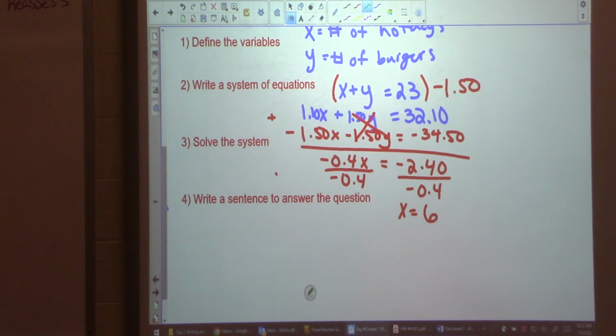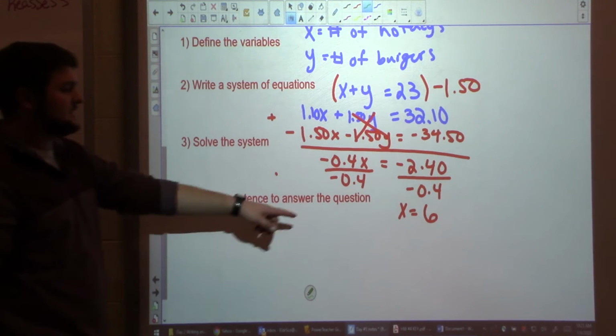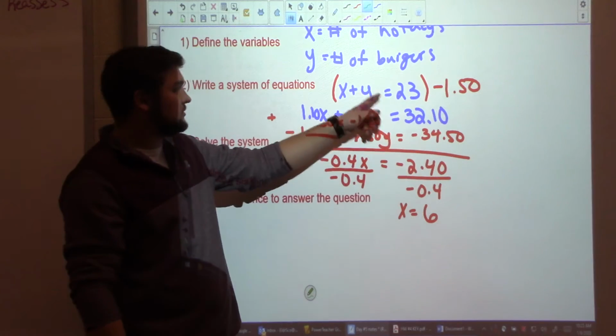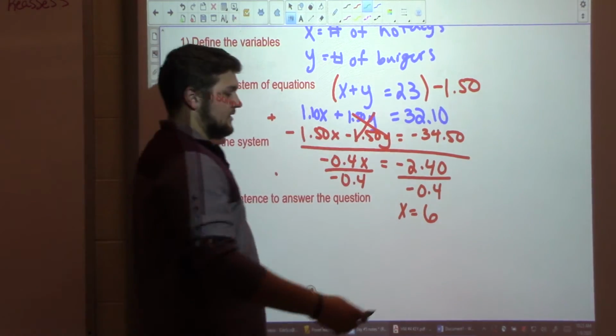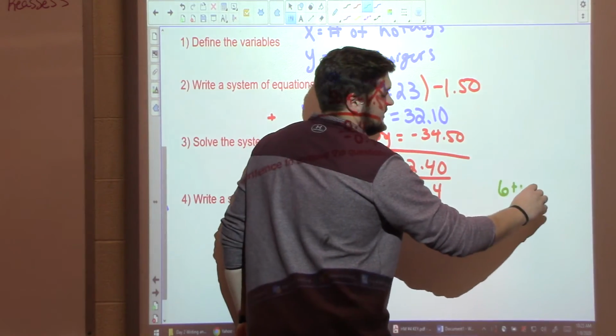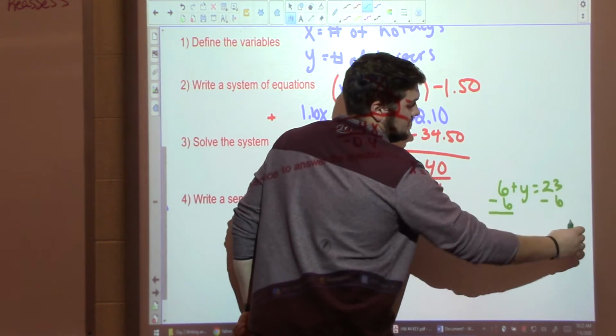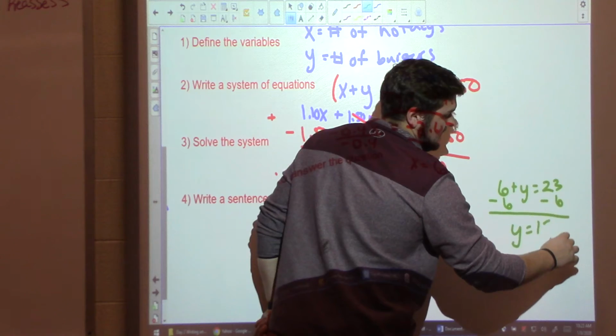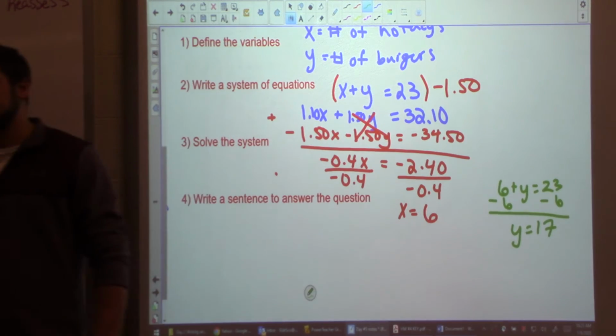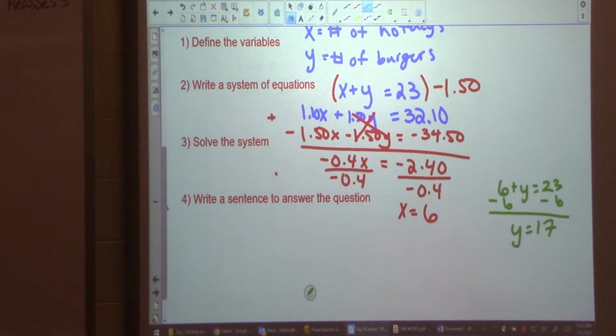How do I figure out how many hamburgers I need to buy? 23 minus 6, or in other words, we plugged it back in, right? We take 6 plus y equals 23, and we subtract 6. We get y equals 17, which means I need 17 hamburgers.